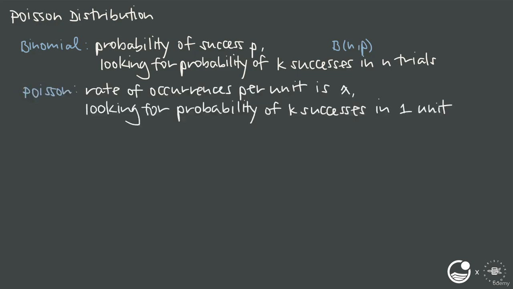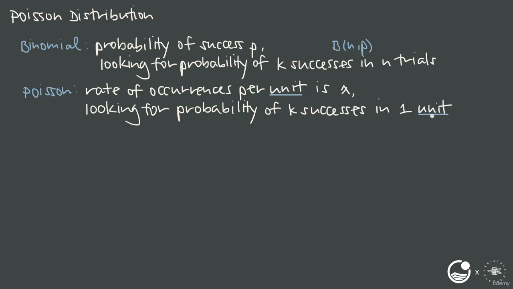But with the Poisson variable, we have this idea that the rate of occurrence of some event or object or something that's going on per unit of something else we call lambda, this Greek letter lambda. Then we're investigating the probability of a certain number of occurrences or successes over one unit, where these two units are referring to the same thing here.